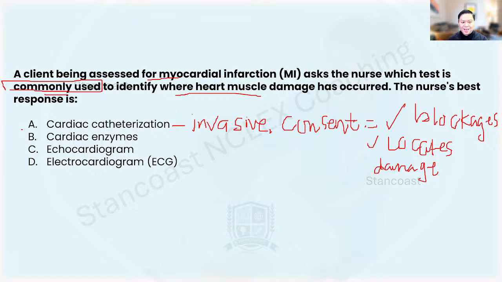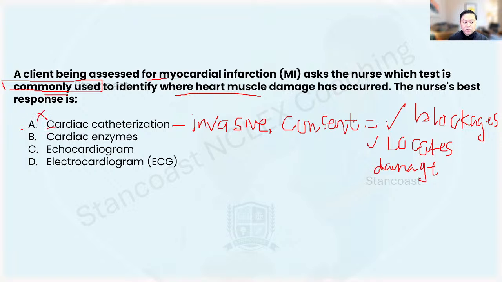I have no doubt it is a very good diagnostic tool. Like I've said, it locates where the muscle damage is, also the blockages. It's invasive. However, it's done as a follow-up diagnostic tool, and it's not the primary diagnostic test. That's why I'm not selecting this one.